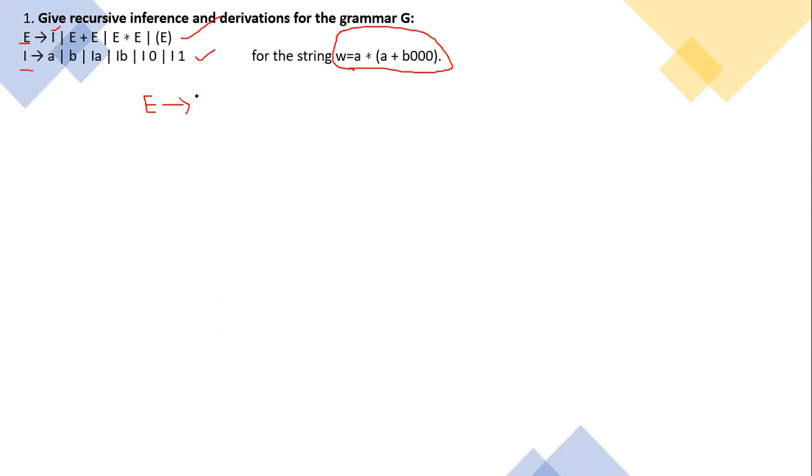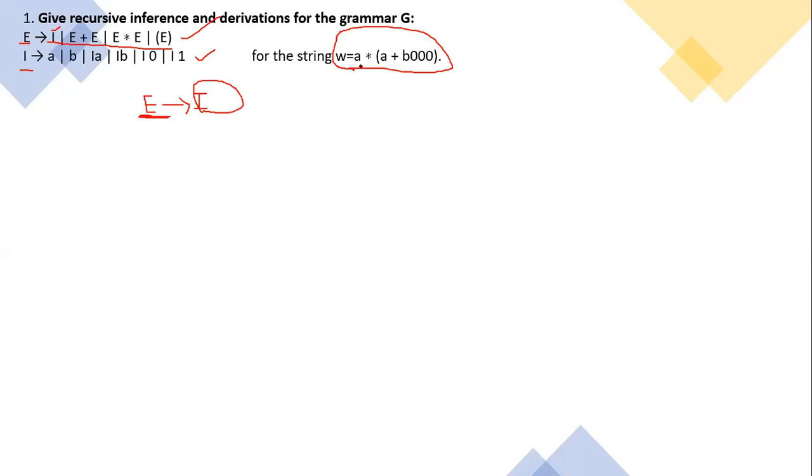E tends to I. Now we can substitute any production for this I. But the start symbol is compulsory; you need to start with E, and then on the right side you can give any production of E based on your string.